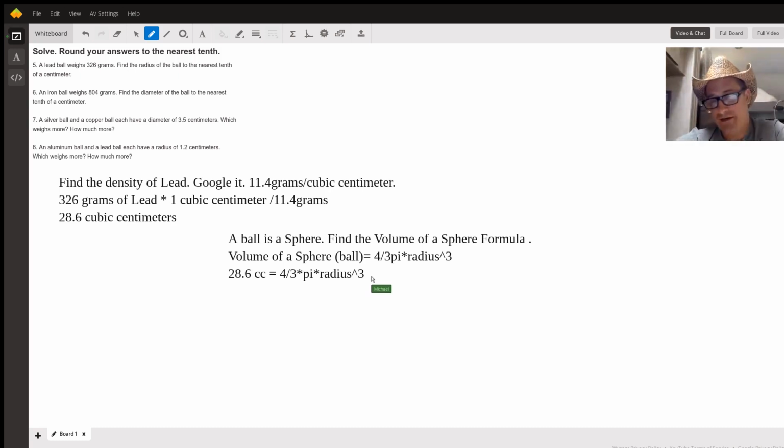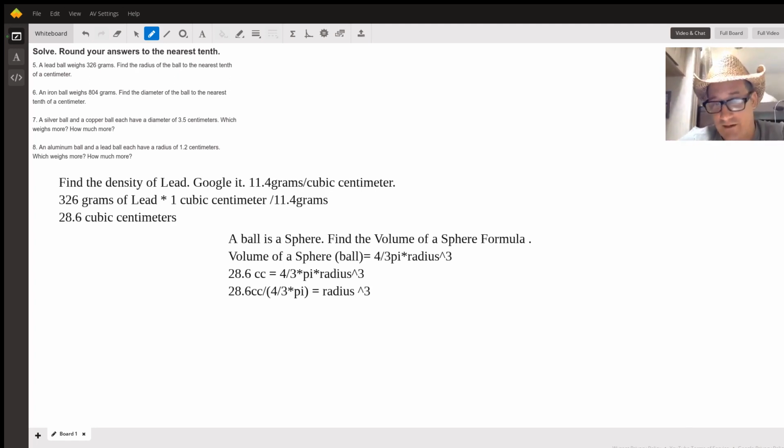We're going to have to divide 28.6 by 4/3 pi. So that's going to look something like this, divided by all this stuff on the right. Since that moves over to that side, doing that division, we move it over to the left side of the equal sign, and we have radius raised to the 3rd.